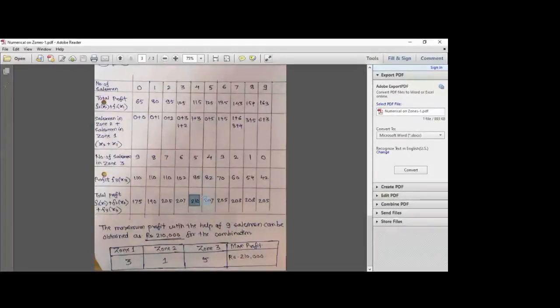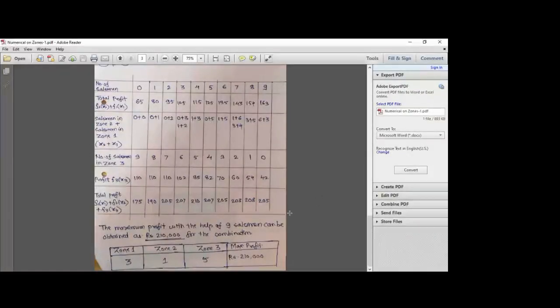Next we have 82 plus 125, which comes out to be 207. It is 135 plus 70, which comes out to be 205. Then we have 143 plus 60, which comes out to be 203. Lastly we get the profit as 208 and 205.